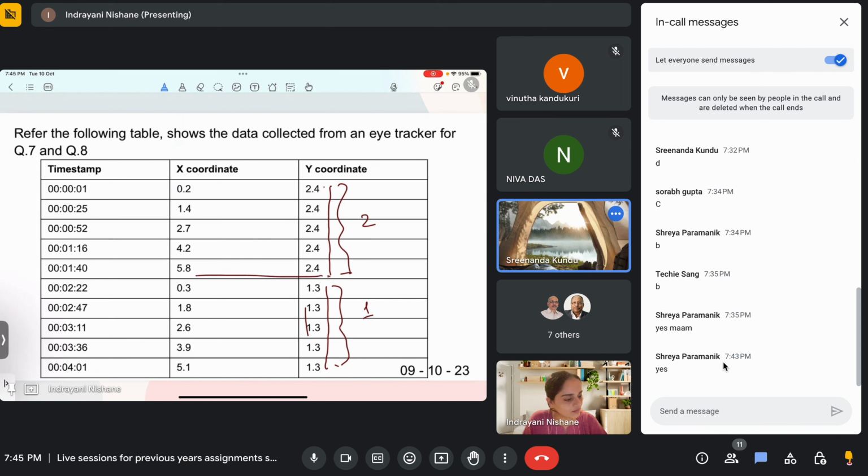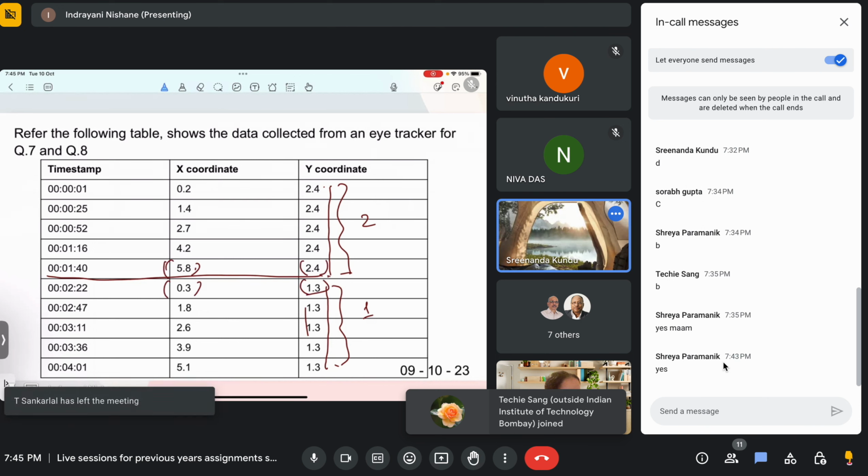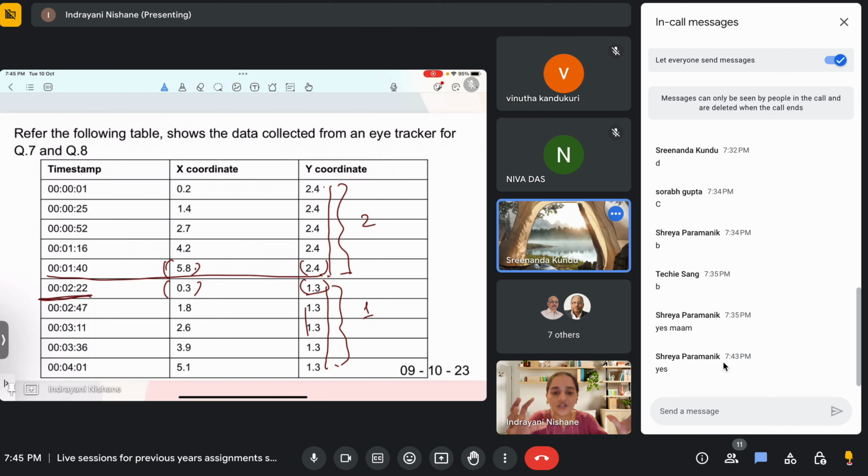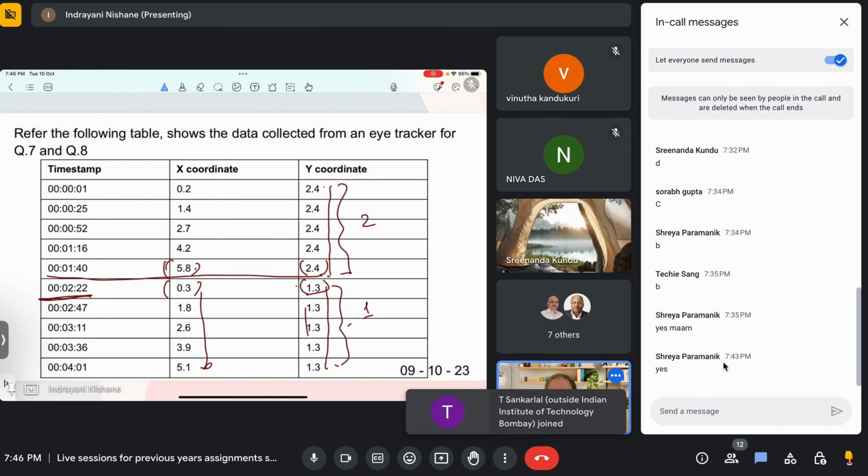At 2:22 the change of both coordinates is happening. There is a sudden movement, a change of both coordinates. The gaze pattern is changing, and now it is again continuous motion because the y coordinate is the same. Which timestamp would be where the long saccade is starting?